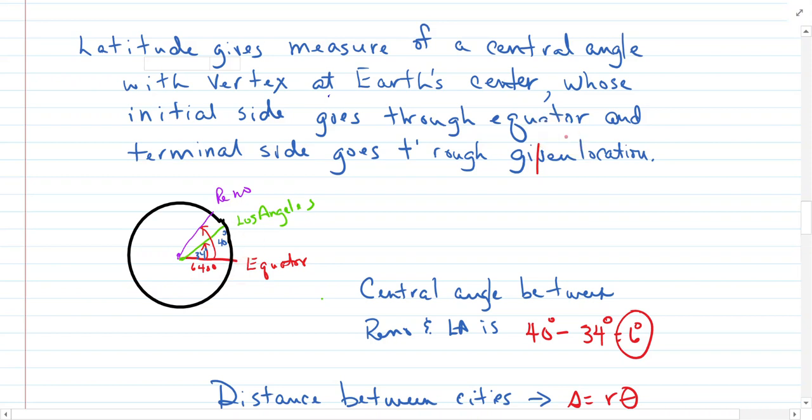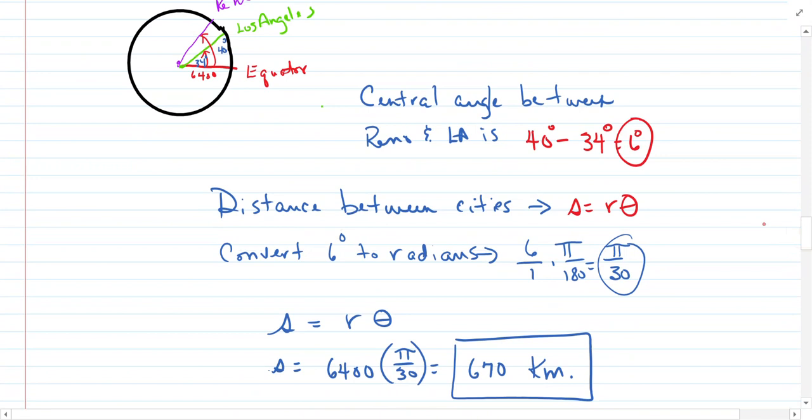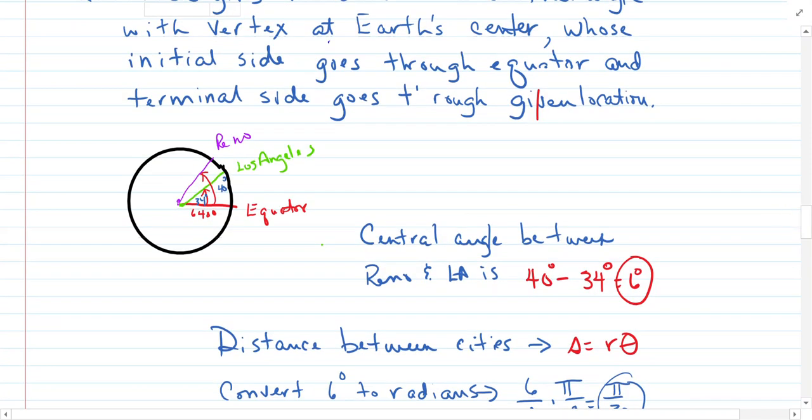Say the central angle between Reno and LA is 40 degrees minus 34 degrees, so that would be 6 degrees between Reno and LA. The distance between the cities, S equals r theta. So that's your arc length.